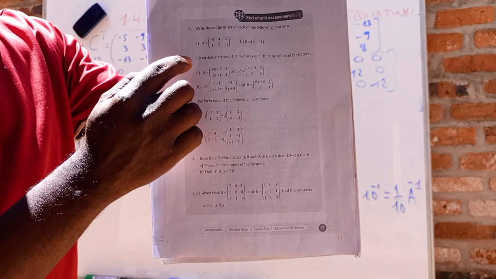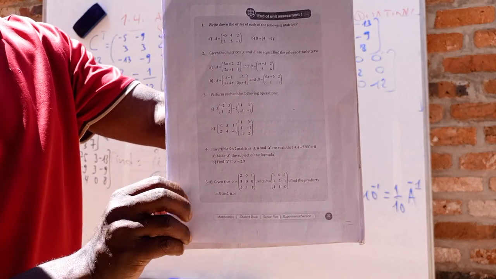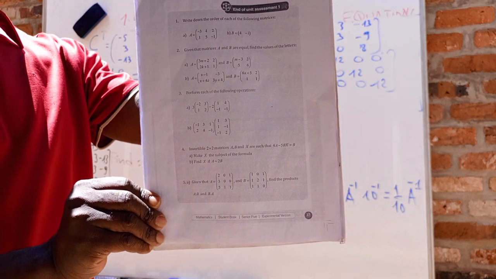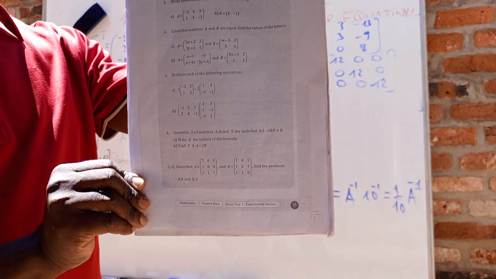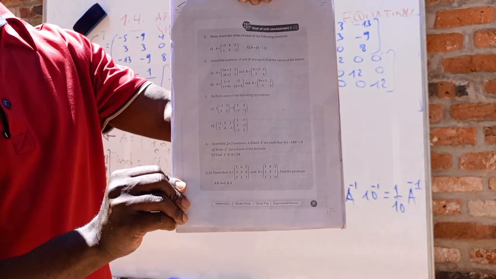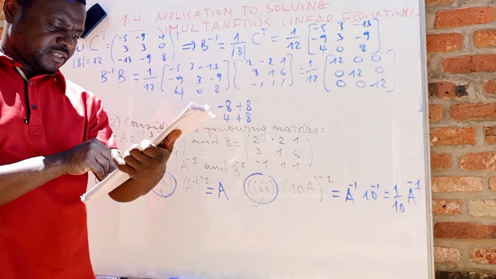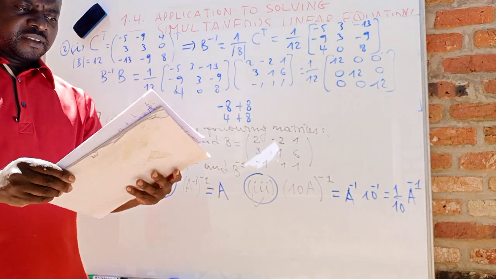Number 1, number 2, number 3, number 4, number 5. This is the first 5 questions.